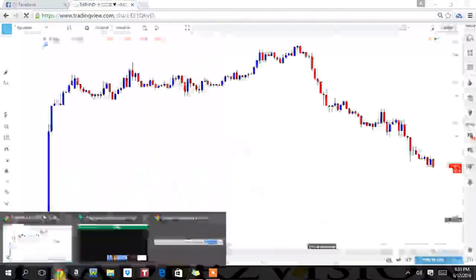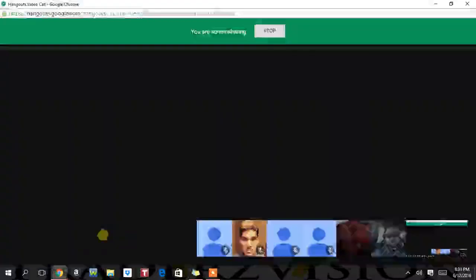There it goes. You should be able to turn it on. There should be like a video button, like a camera and a microphone. You can just click both. It'll mute your mic and mute your video.